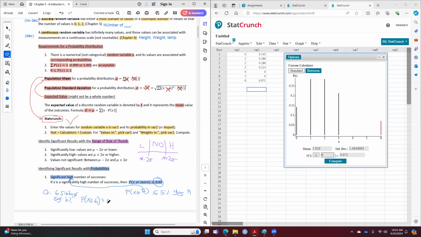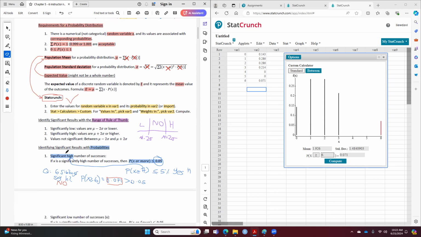That probability is 0.071, which is actually more than 5%. So your answer in this case is no. In order for you to answer yes, the probability you find in StatCrunch has to be 5% or less. Otherwise, the answer will be no.